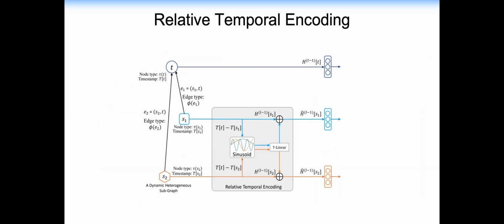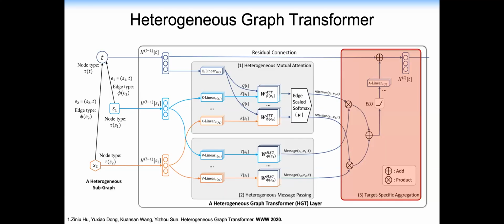This design of the model basically captures the heterogeneous, multi-relation nature of knowledge graphs, right?